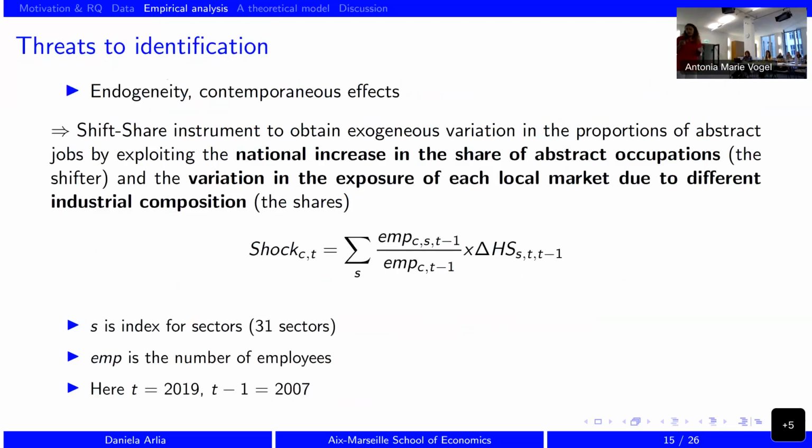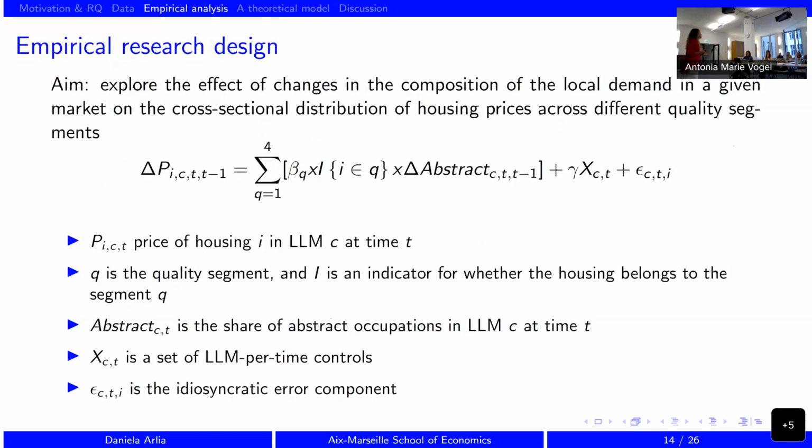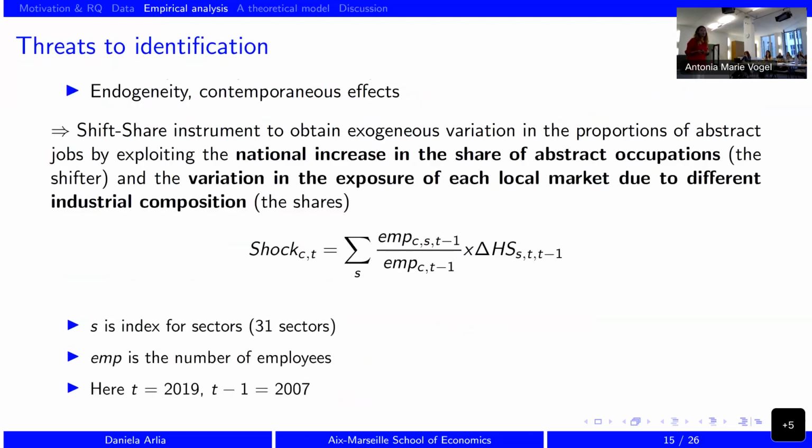Now, if the share of abstract occupations across local labor markets were random, then the OLS would have been a good specification. But there are threats to this identification because the share of abstract jobs cannot be distributed as random. So for this reason, I use this shift share instrument to obtain heterogeneous variation in the proportion of abstract jobs by exploiting the national increase in the share of abstract occupations.